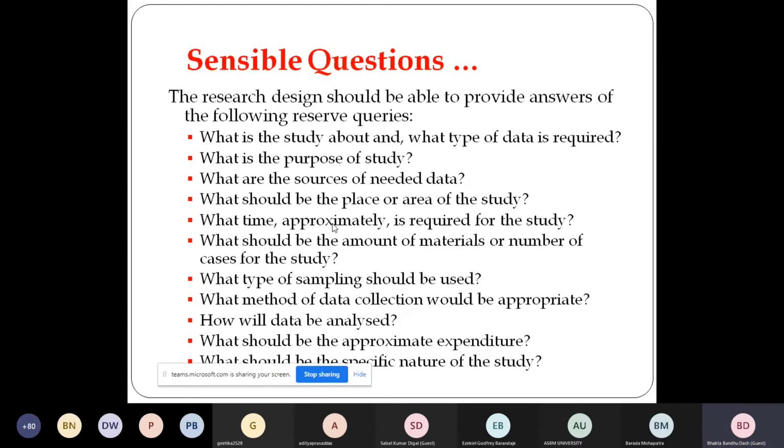So that's what I wanted to tell you: to decide a specific design, you encounter questions like, number one, what is the study about? What type of data is required? If the study talks about the employee engagement strategy of the Indian banking sector, it's very broad.